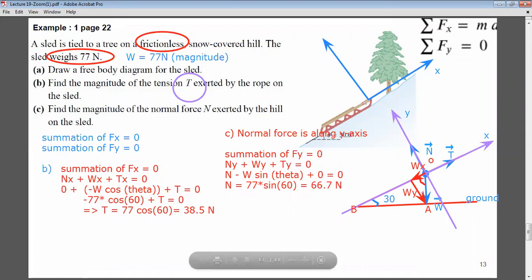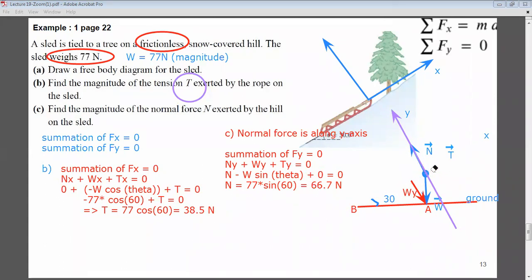I still have some time before Zoom stops, so I'm going to repeat for you how we draw this free body diagram, how I chose the angle, and how we got that wx and wy are W cosine theta and W sine theta. So let me repeat everything here. We will make it bigger, so I'll put more information.